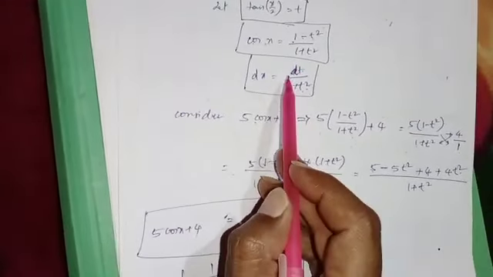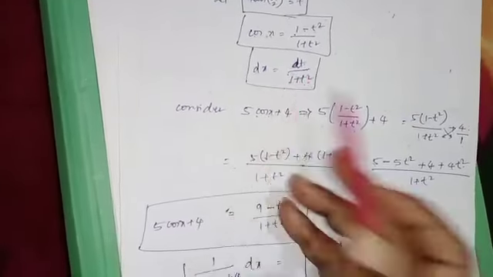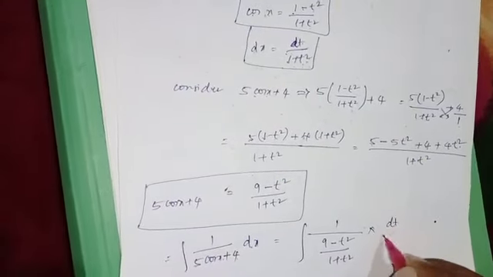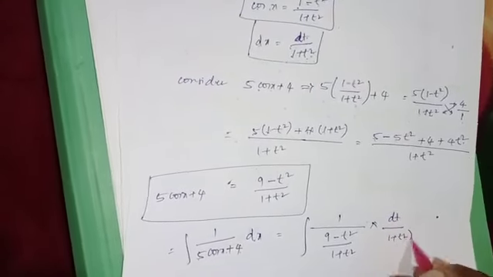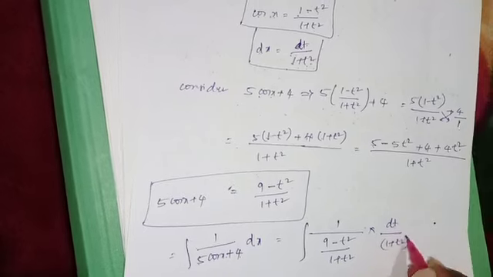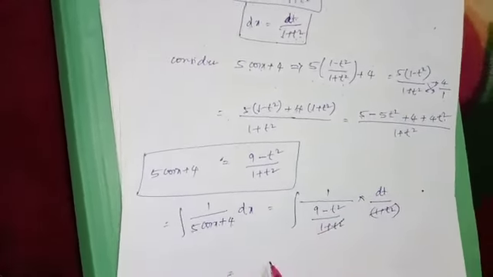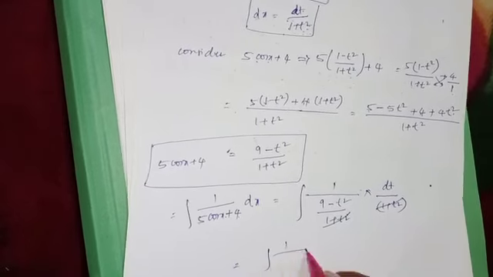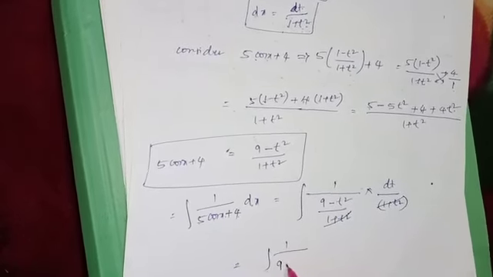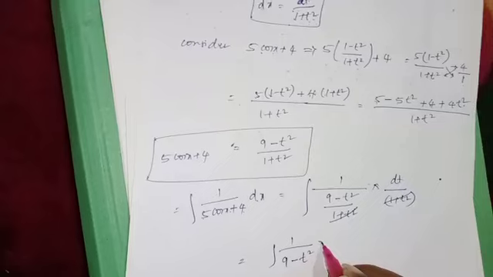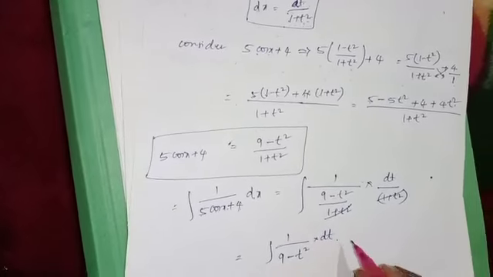We know that dx value is 2 dt by 1 plus t square. See, the denominator gets cancelled. The remaining is integral 1 upon 9 minus t square into dt.